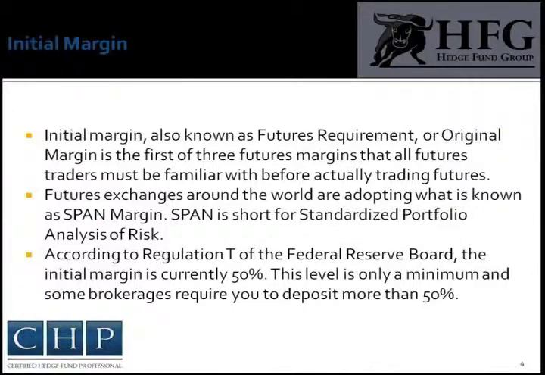For instance, if you bought one contract of oil futures, you would be prompted for a futures requirement of approximately $6,000. That's on a 1,000 barrel contract, which is currently trading around $90 per barrel.